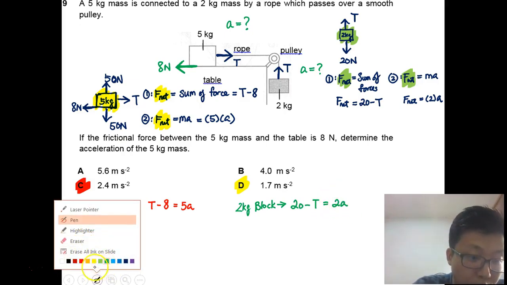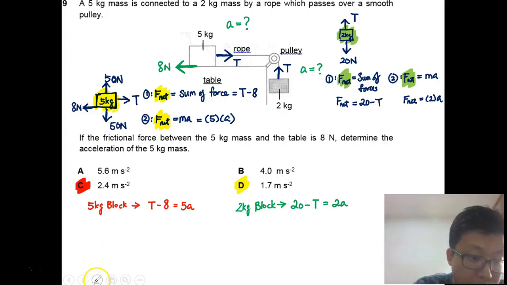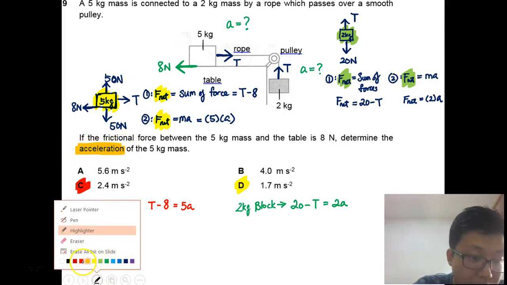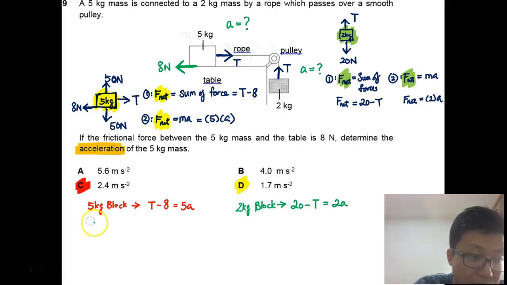Now I have two unknowns, two equations, and what I want to find out is the acceleration. So obviously this turned into a simple mathematical question.